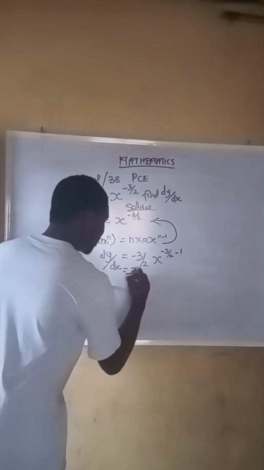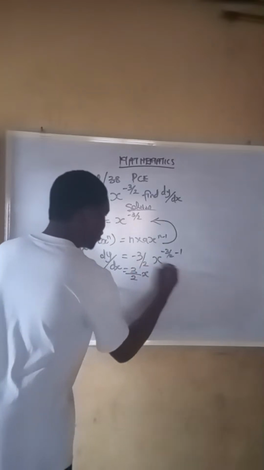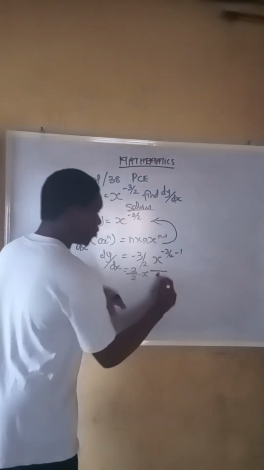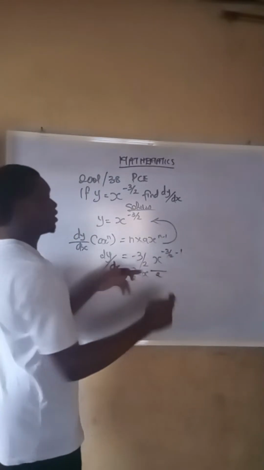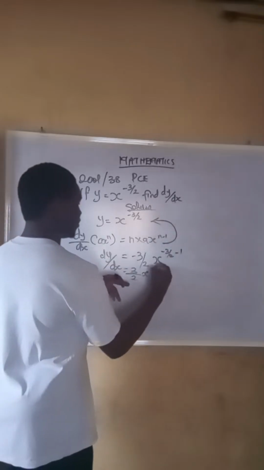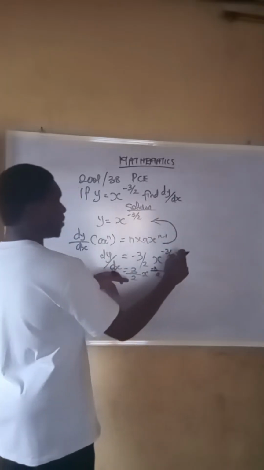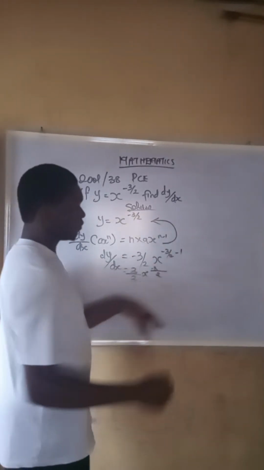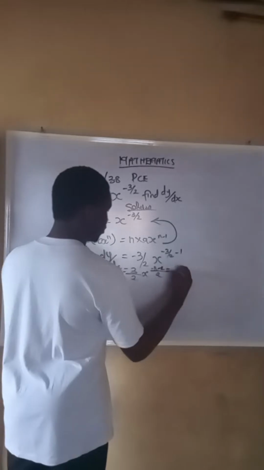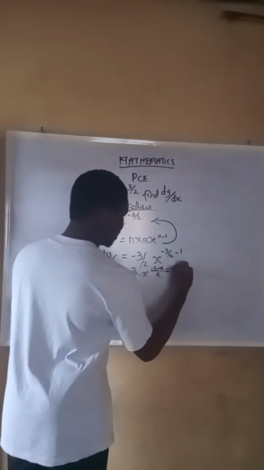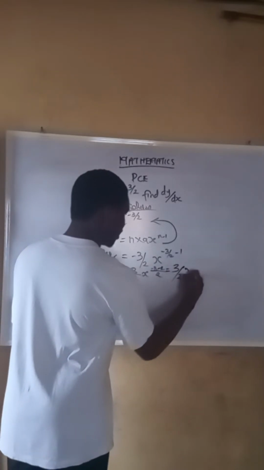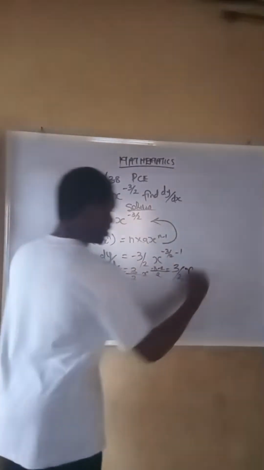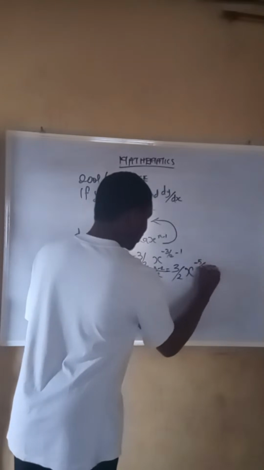We have negative 3 divided by 2 times x to the power of, find the LCM of 2 and 1, which is 2. 2 divided by 2 is 1. 1 times negative 3 is negative 3. 2 divided by 1 is 2. 2 times negative 1 is negative 2. So this is equal to negative 3 divided by 2 times x to the power of negative 3 minus 2, which is negative 5 divided by 2.